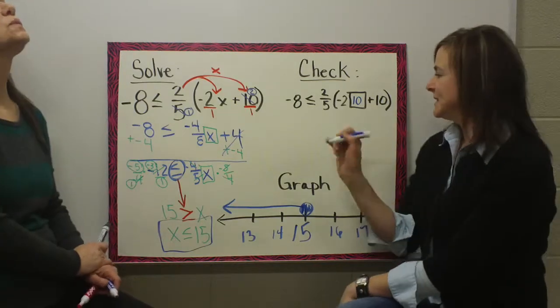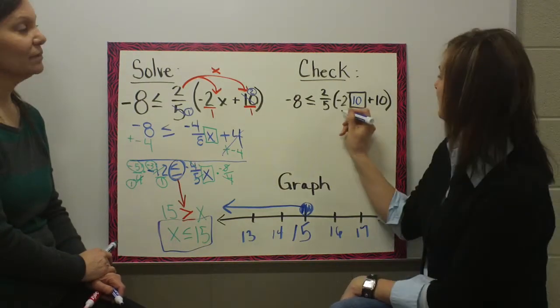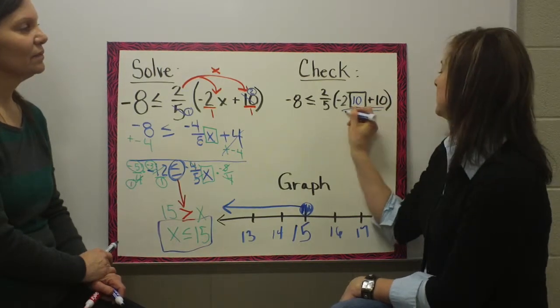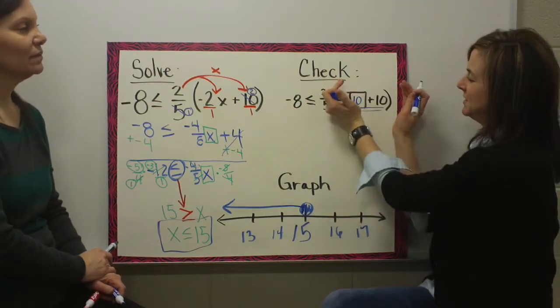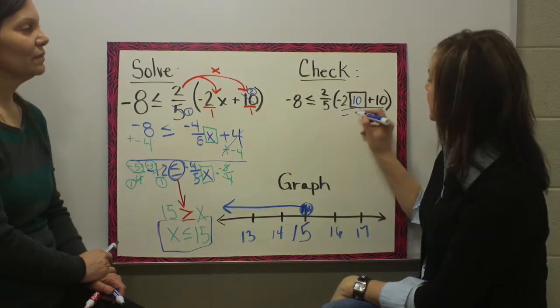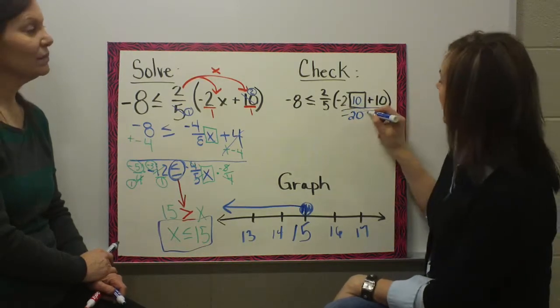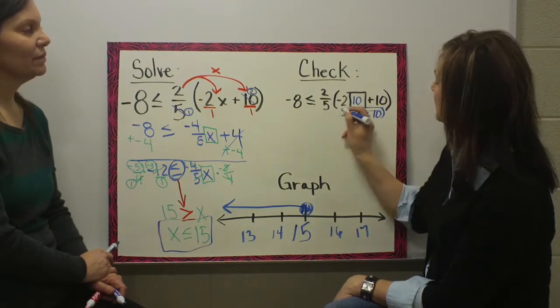I will. And since everything is filled in, we can actually use order of operations to solve. So I'm going to focus in right here. I'm not going to worry about anything else but what's in these parentheses. So I have negative 2 times 10 is a negative 20, different signs, negative, and 10 still in the parentheses.